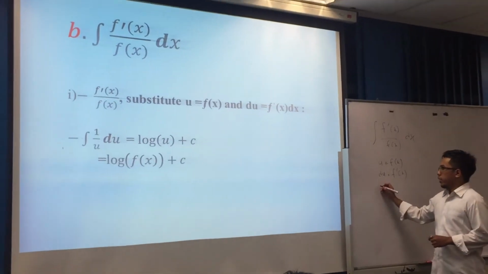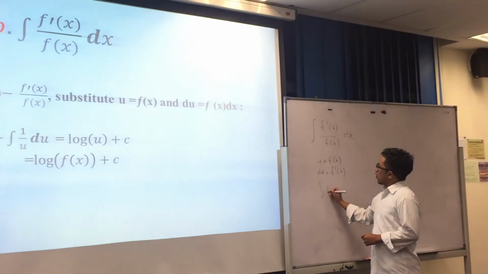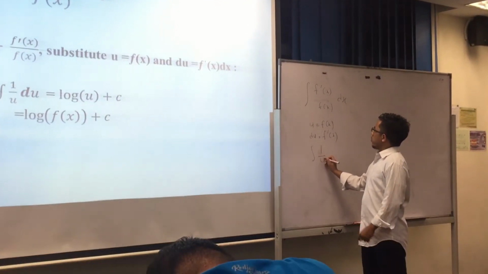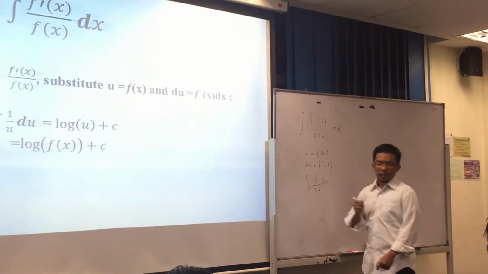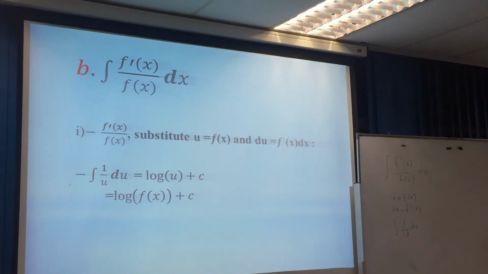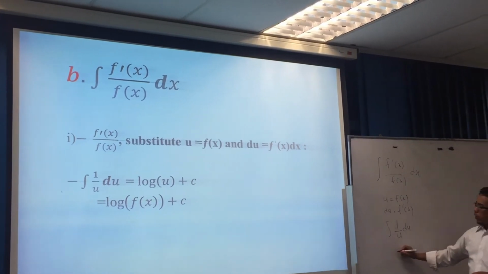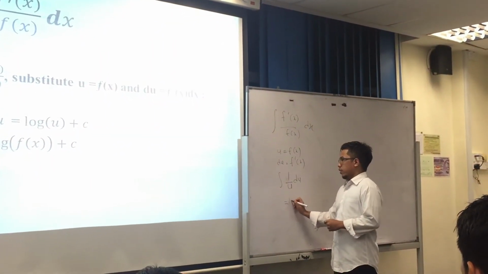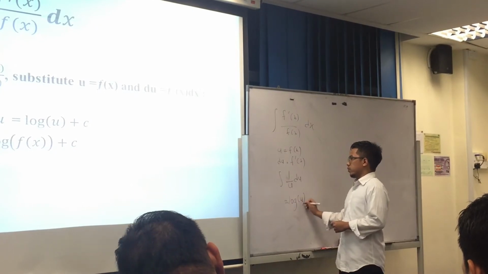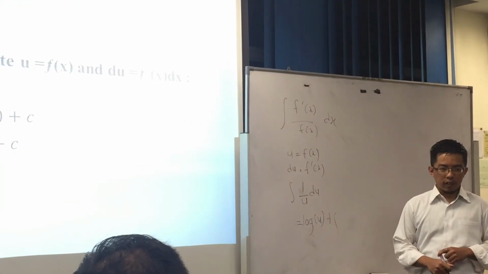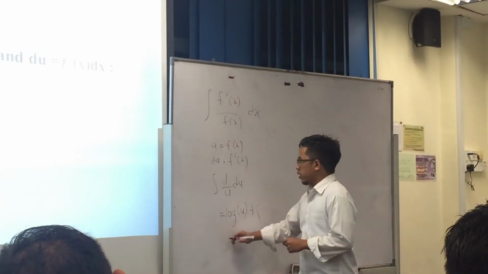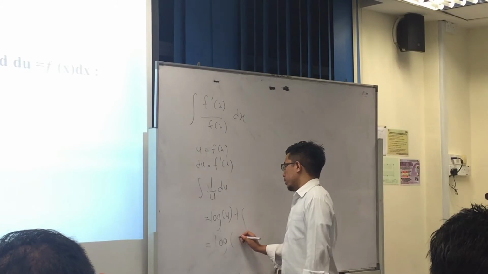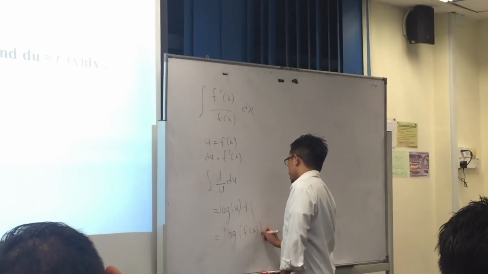We can write it in the form of 1 over u du. You can understand? And when we integrate, we will get ln u plus c. The last step is we substitute back u, which is f(x).